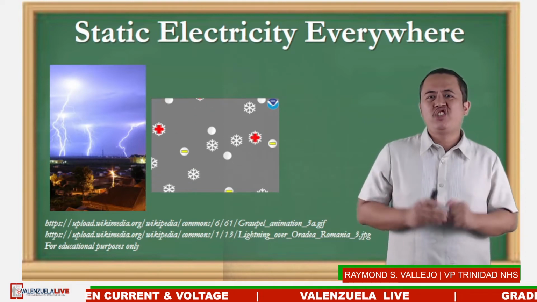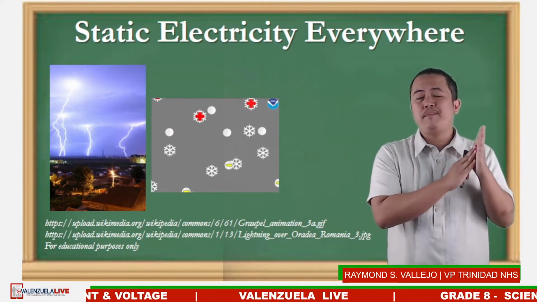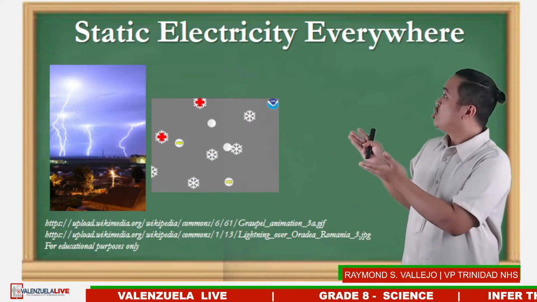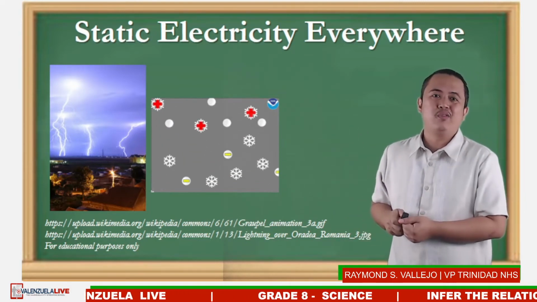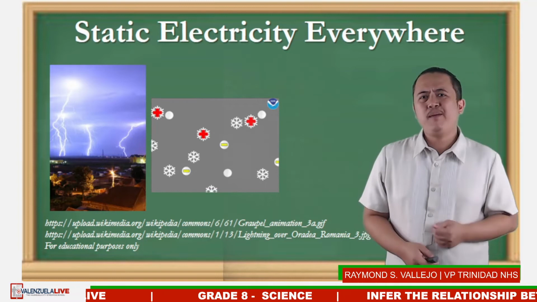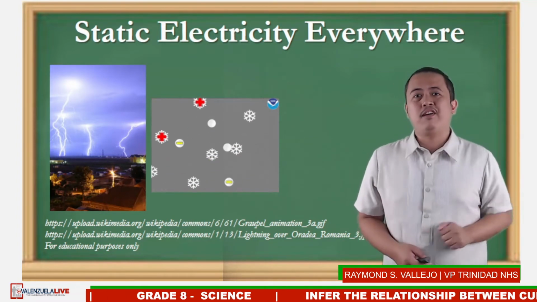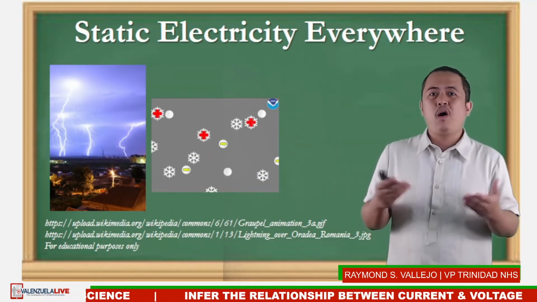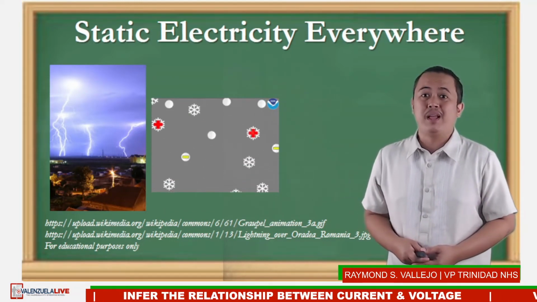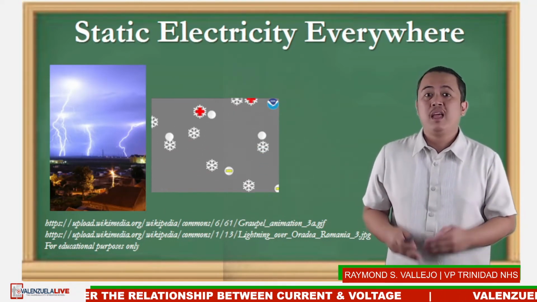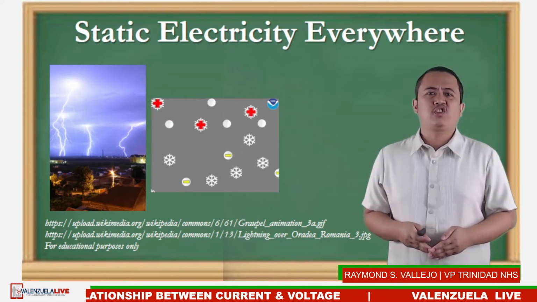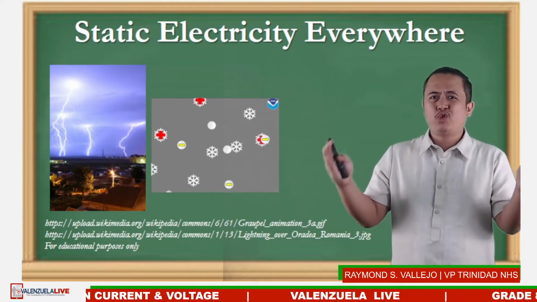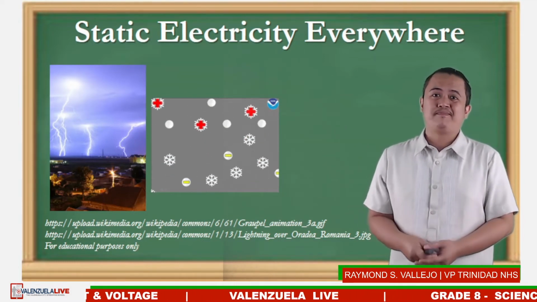It is being generated due to friction between ice crystals and graupel or snow pellets in a storm cloud. The lightning bolt that strikes the Earth's surface is a discharge of electricity due to overflowing static electricity buildup in storm clouds. This instantaneous discharge carries as much as 1 gigajoule of energy.